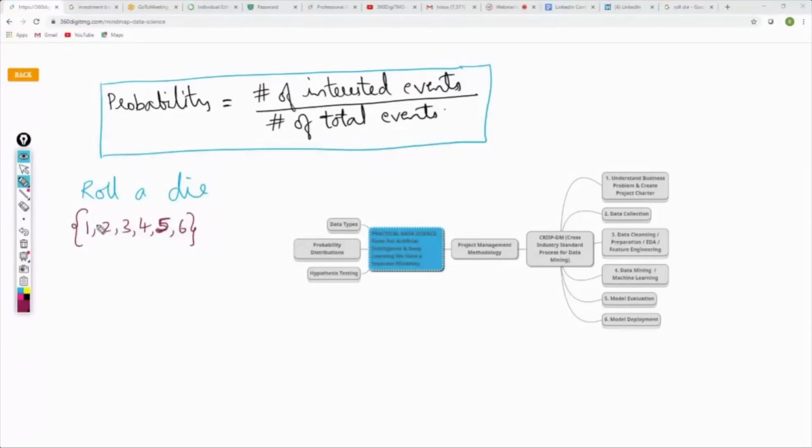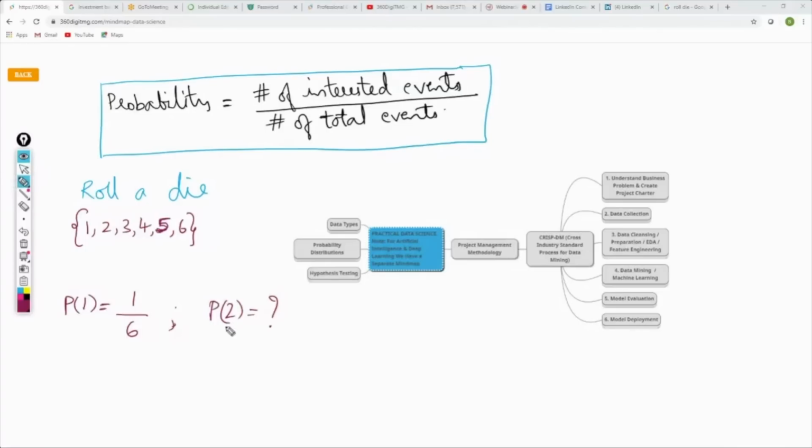What is the probability of getting a 1? 1 is a single interested event, divided by, the formula says, the number of total events. What are the total number of events here? 1, 2, 3, 4, 5, 6. So divided by 6.